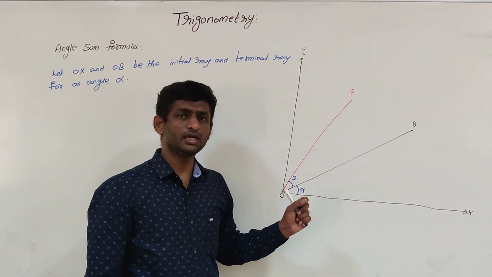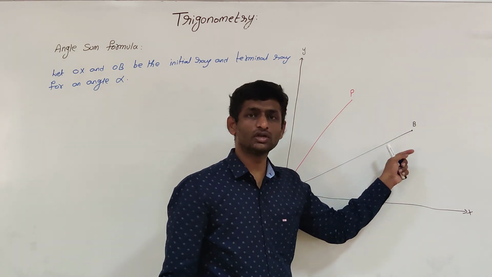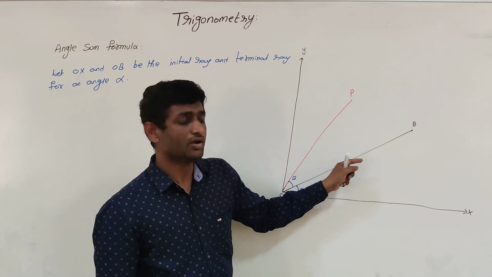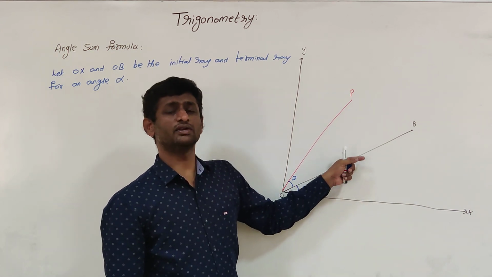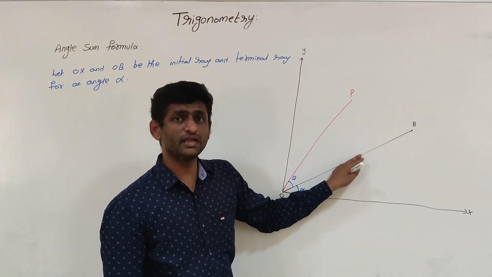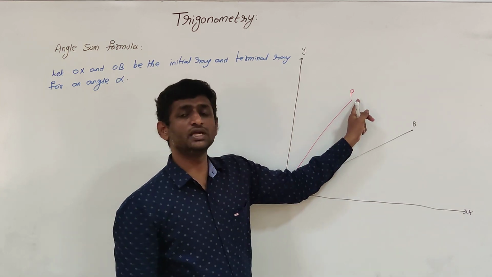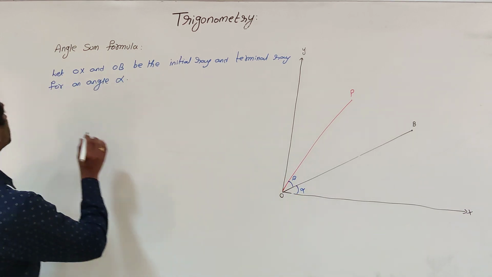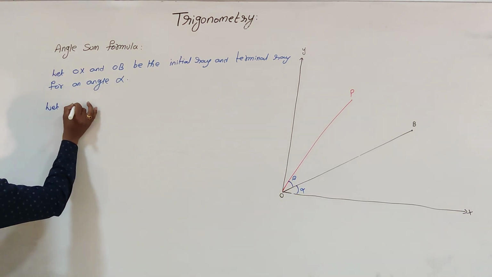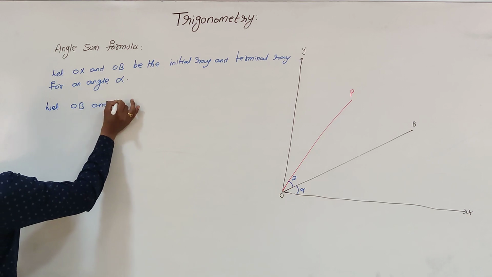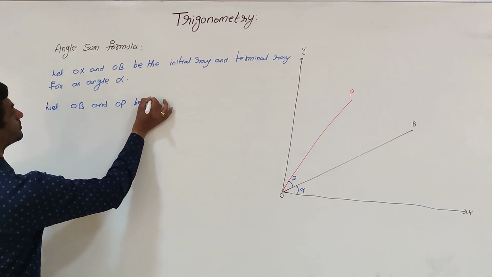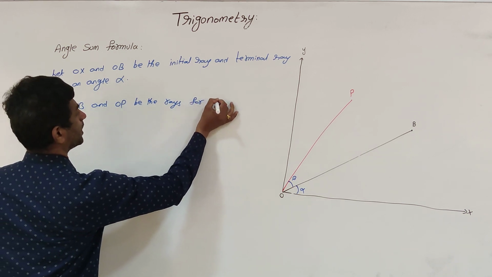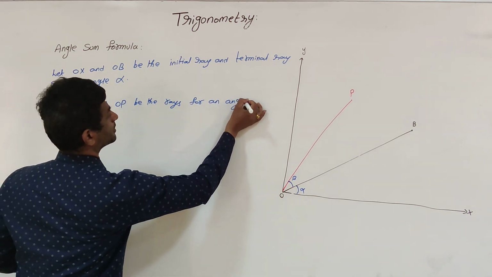For the time being, assume that OB, the terminal ray for alpha, will act as the initial ray, and OP is the terminal ray for what angle? Beta. Let OB and OP be the rays for an angle beta.